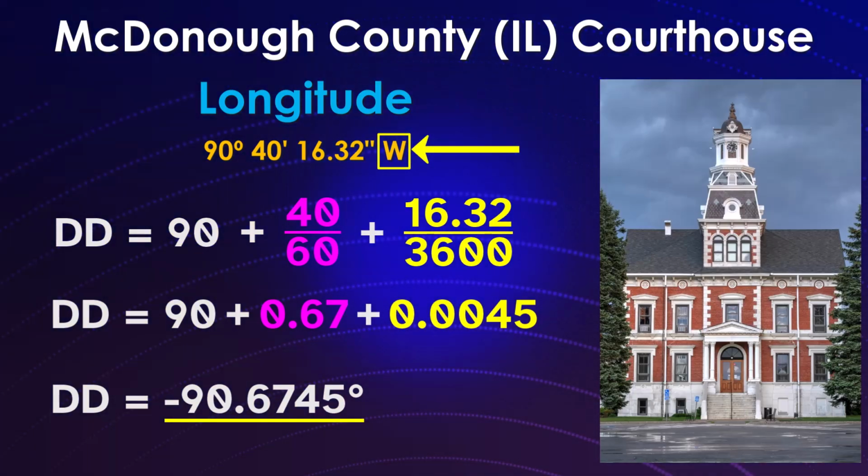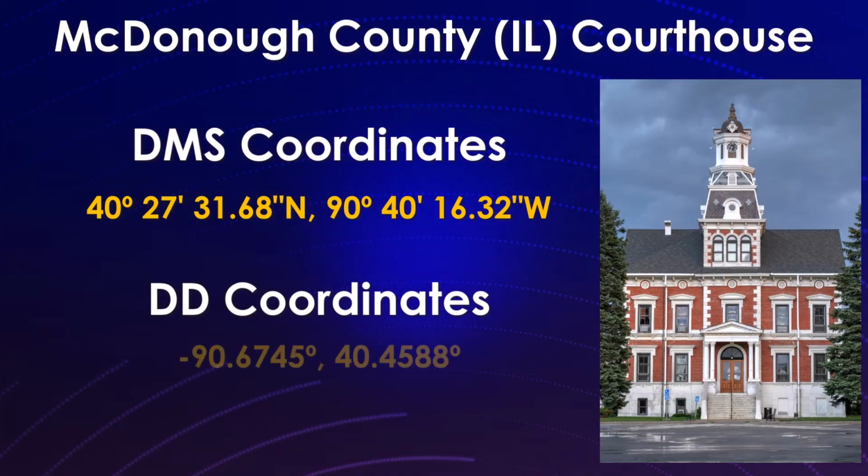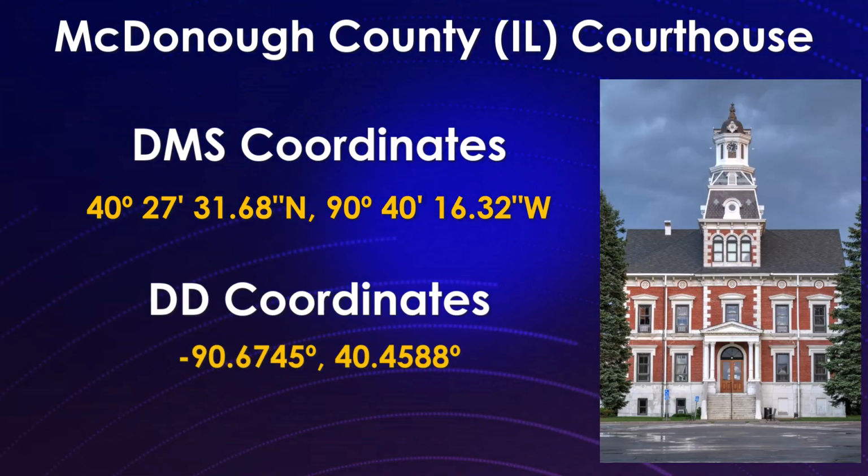Remember that in decimal degrees, longitude is written before latitude, so the complete decimal degree coordinate position is minus 90.6745, 40.4588. In the remaining videos in this unit, I will cover coordinate systems that do not use angular measurement. They are projected coordinate systems.